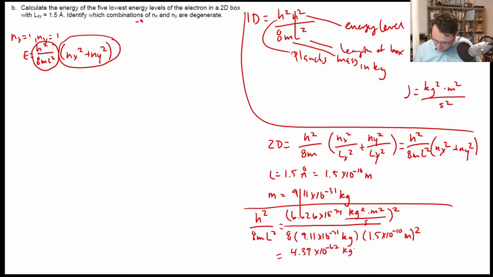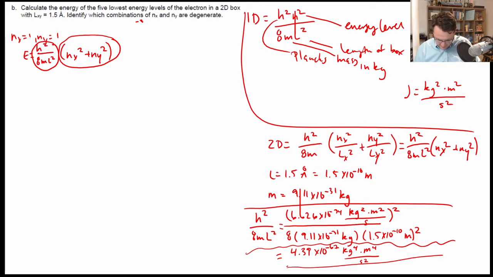Now that becomes kilograms to the power of 4 times meters to the power of 4 over seconds squared. And then that divides all that stuff down there. So you have 8 times 9.11 times 10 to the negative 31 times 1.5 times 10 to the negative 10, squared.